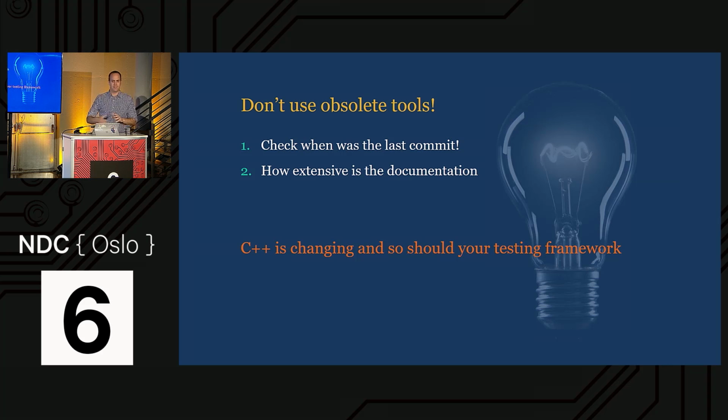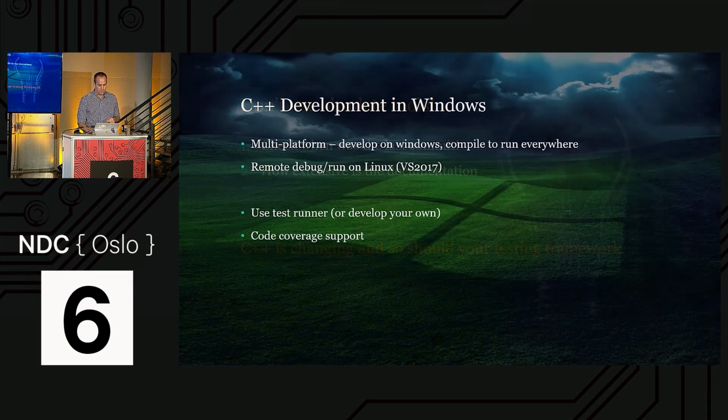And since C++ is changing, every 3 or 4 years C++ gains more capabilities, you want your unit testing framework, and you definitely want your mocking framework, to change alongside because things are changing as well. So if something hasn't changed since 2004, you have a problem. All the C++11 features might not be supported. So those are good rules to think about when you need to choose your unit testing and mocking framework.